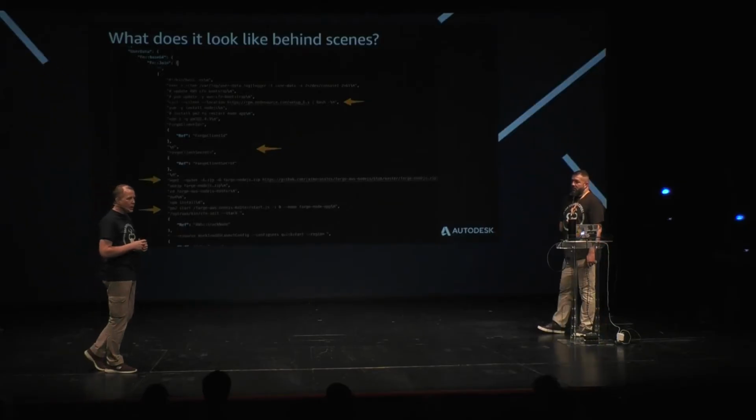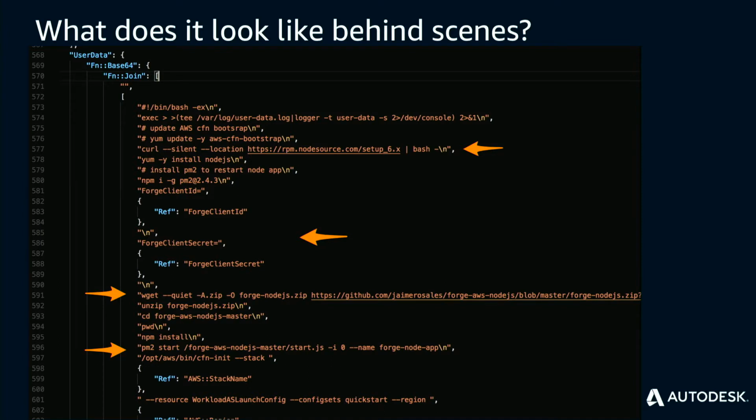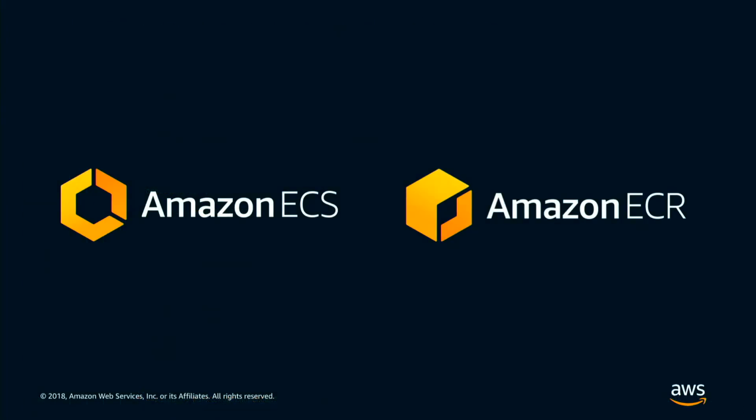We define a couple of things which are required to run a Forge app on a web service, like the developer keys, client ID, and secret, which could be provisioned in a different way. Here it's through variables, but if you have a client ID system to provision different apps more securely, you can do that as well. So it's very flexible in the way you can work with CloudFormation. And then at the end, you just launch your application.